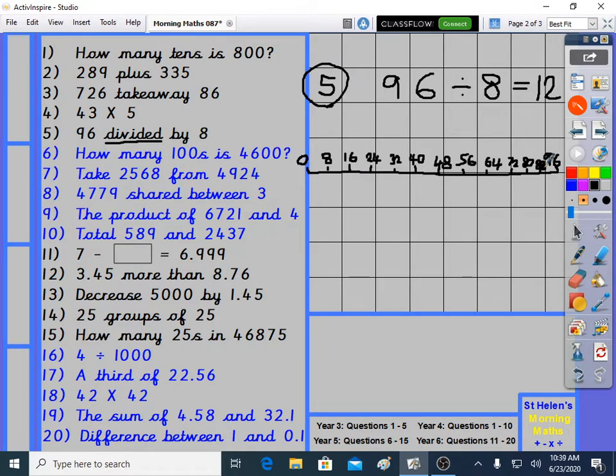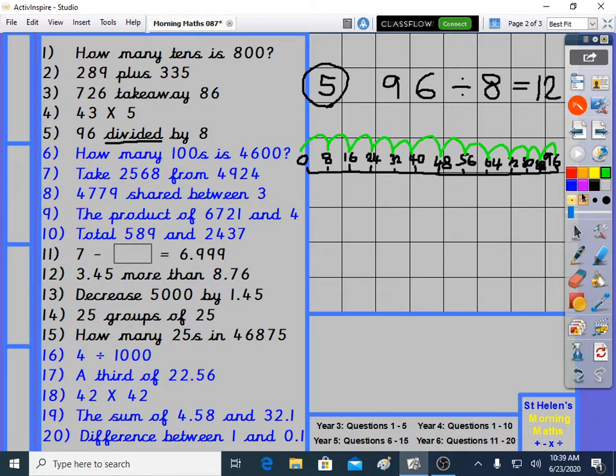I do apologise for that, but that's supposed to say 88. So anyway, how many jumps was it? 1, 2, 3, 4, 5, 6, 7, 8, 9, 10, 11 to the messy 88, and 12. 12 jumps because I moved on 8 12 times, because you can fit 12 lots of 8 into 96.